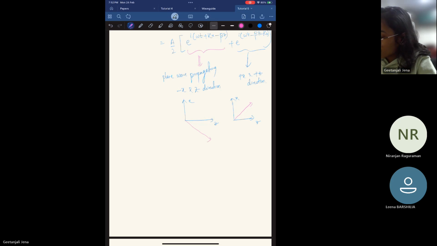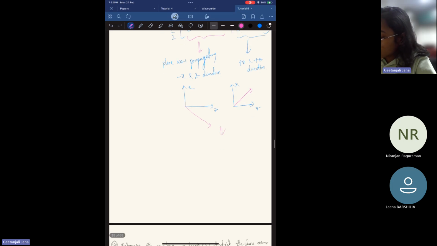Okay, so if we combine this, we have plus x and minus x. Let's say this is theta, the angle that the ray makes.